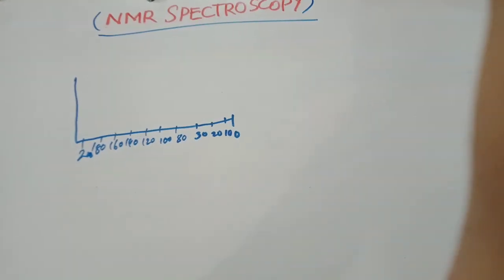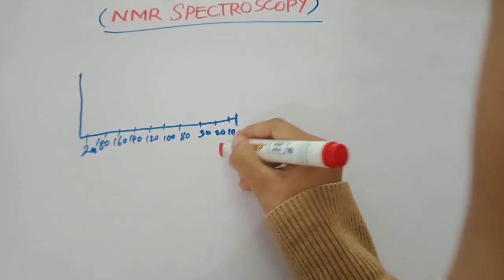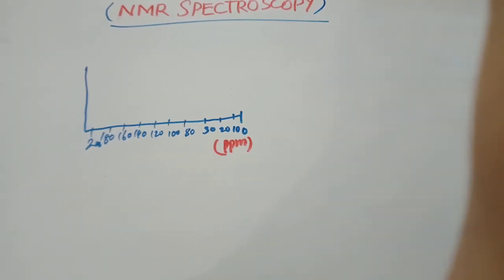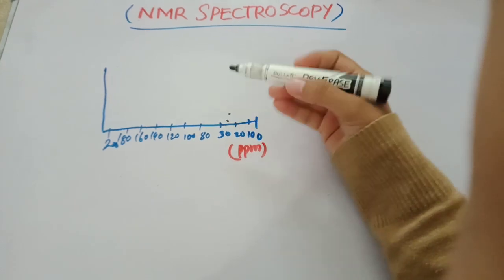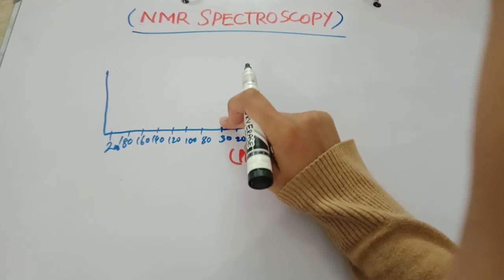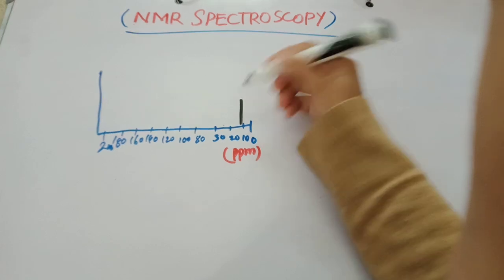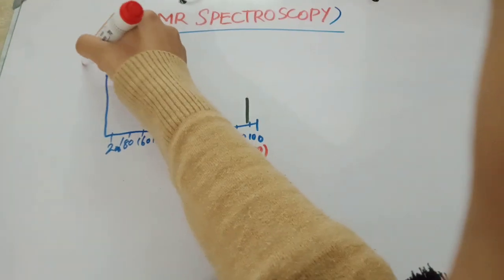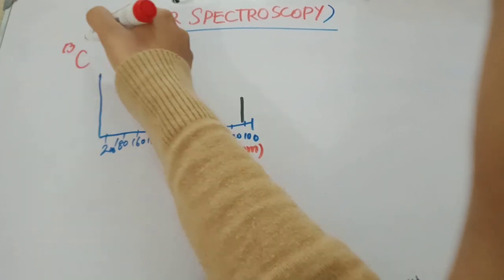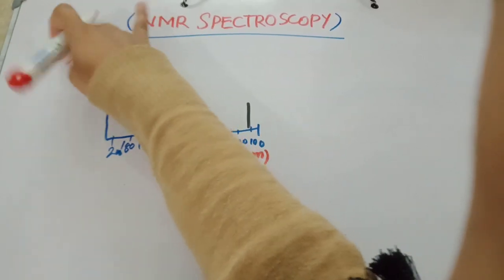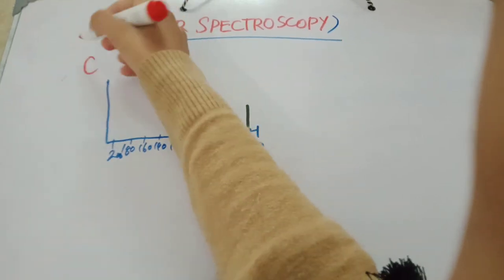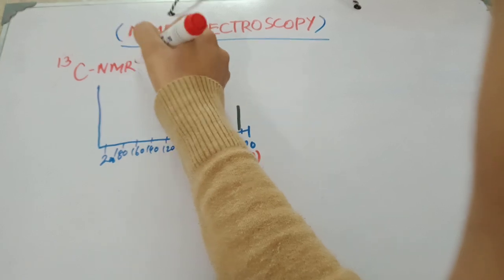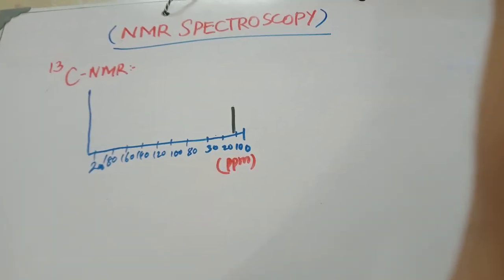These are all the ppm values, and here we'll see different peaks. The peak which will be present at almost 10 will be present here. So firstly, let us label it: it is carbon 13, so that you could easily understand what this carbon 13 NMR is.